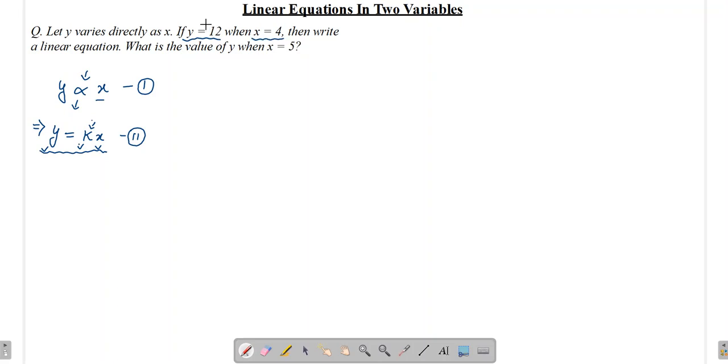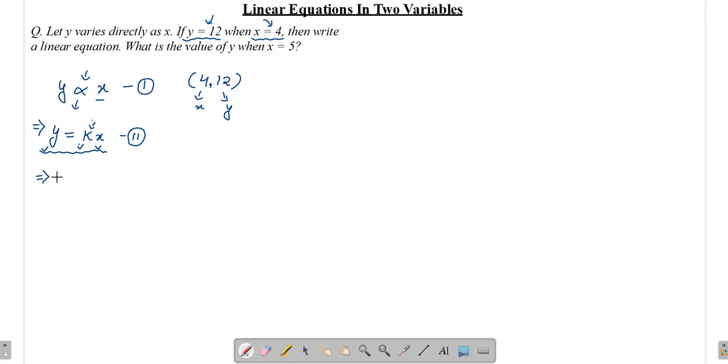So now let us go through the second line of the question. It says if you put y is equal to 12, you will get x as 4, which actually means that 4 comma 12 is a solution of the given equation. So we will simply put the value of x as 4 and y as 12 in the equation which we have just now obtained.